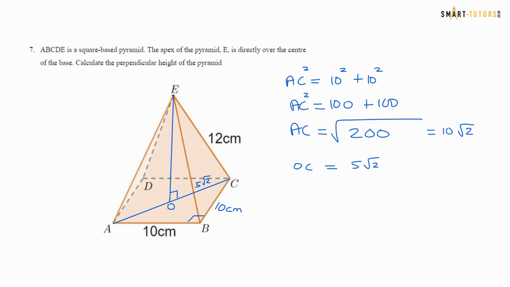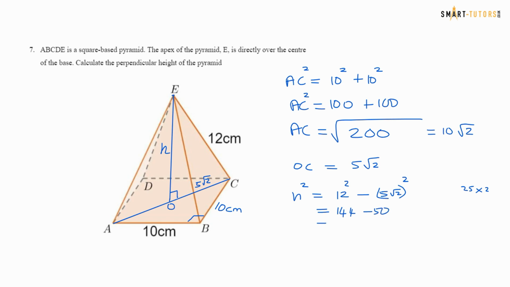So we can find the perpendicular height OE. If I put height H squared equals 12 squared minus (5 root 2) squared. Right. So this is 144 minus 5 squared, which is 25, root 2 squared is 2, so that is going to be 50.